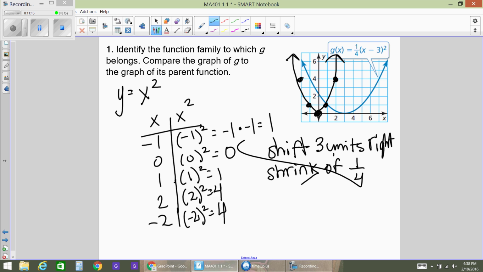The shrink is of 1/4. Okay, what you want to notice here is that 1/4 is out front. The x minus 3 is in parentheses. And it says x minus 3, but the shift was 3 units to the right. Okay, keep that in mind. Let's move on.